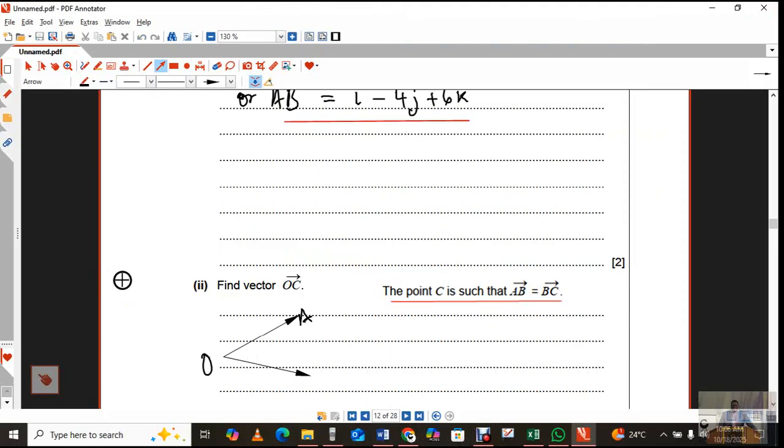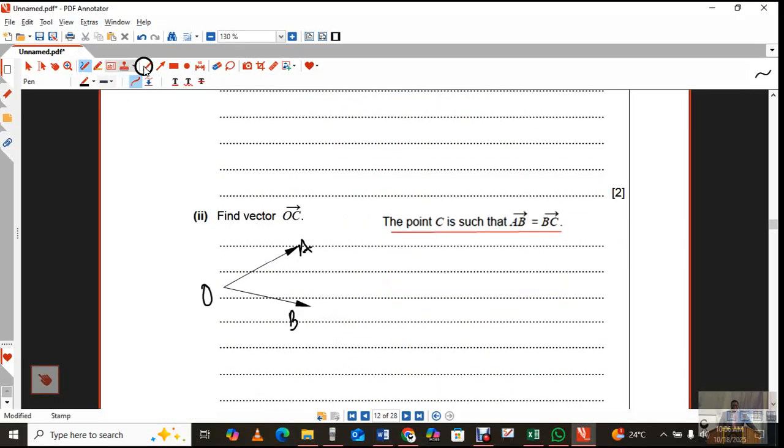Yeah, as I was saying, this over here would be OB. And then we are supposed to find OC. So let's suppose OC is somewhere over here.